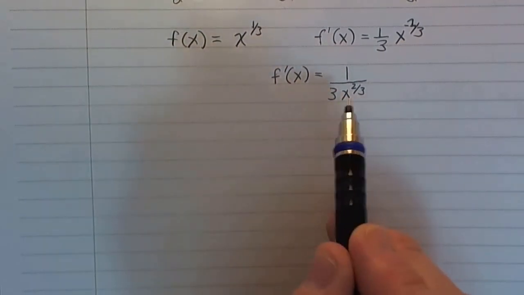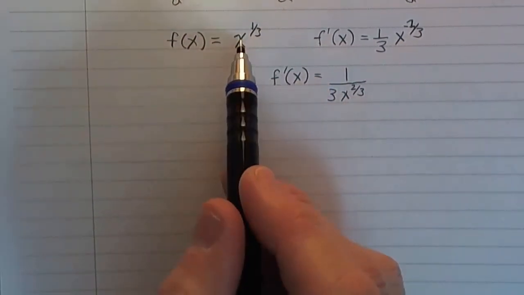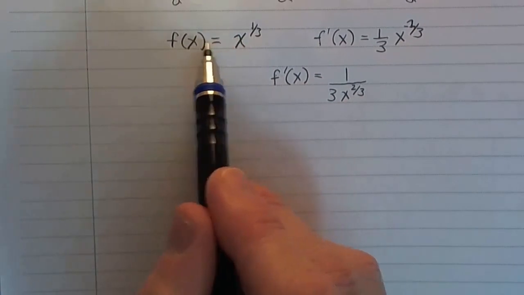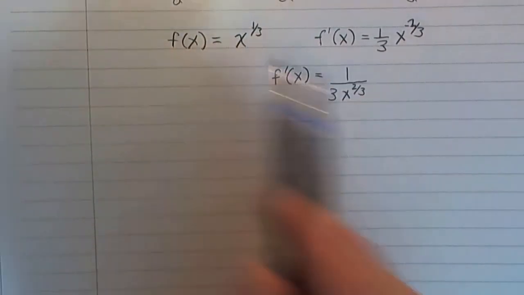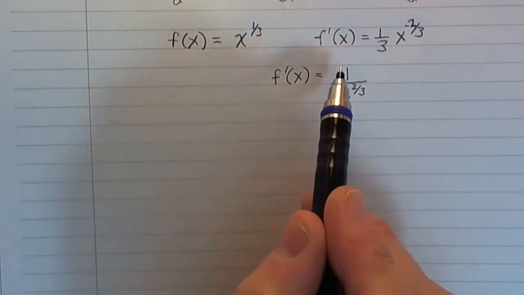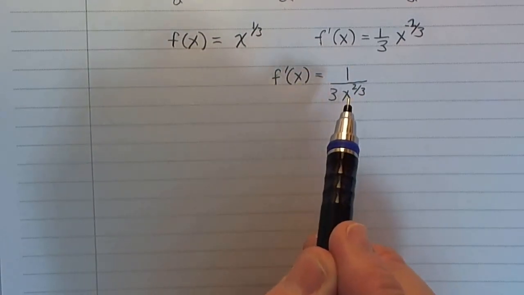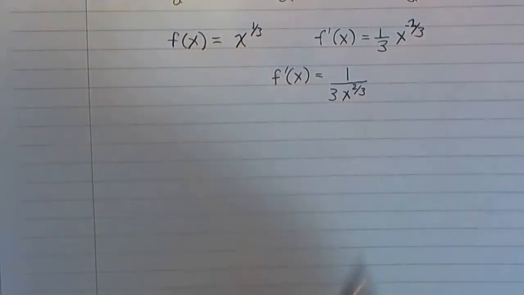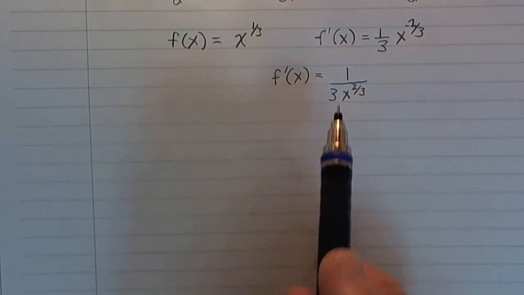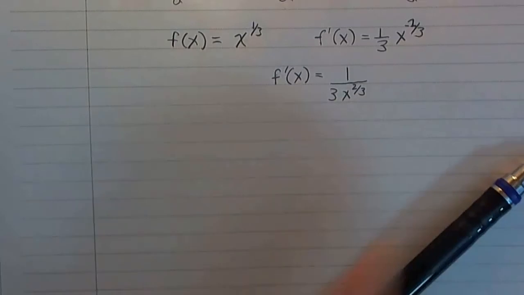The derivative doesn't exist there. Now, notice the function itself, yeah, it's fine. You put in a 0, that's cool. But the derivative doesn't exist at x equals 0. Now, let's look at the graph and see if we can figure out why. What's going on at this x equals 0?